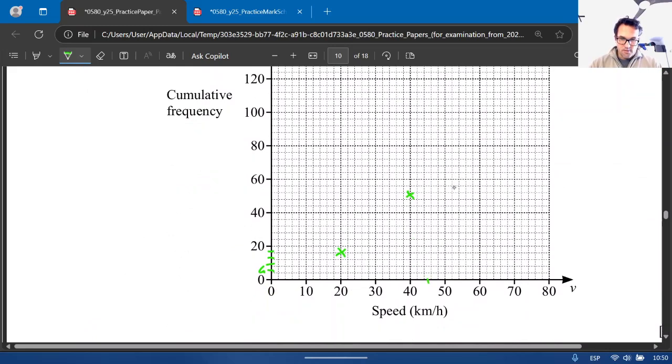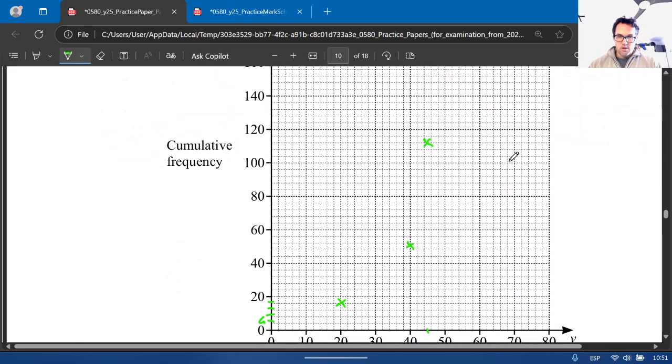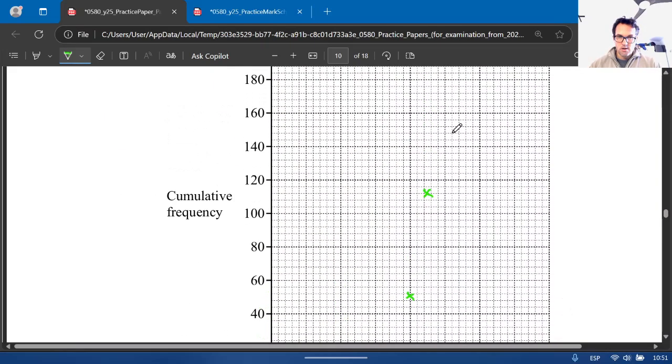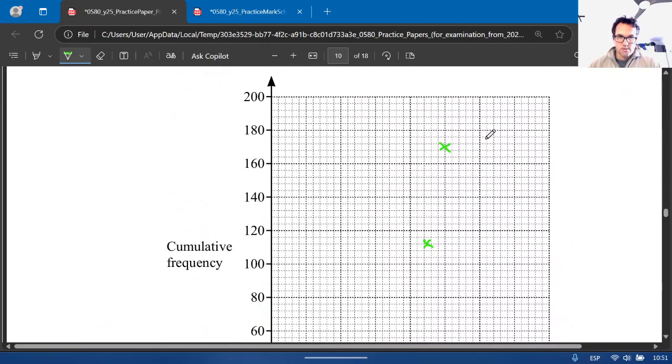So 45 is here. 104, 108, 112 will be right there. 50, we go to 170. 60, we go to 196.